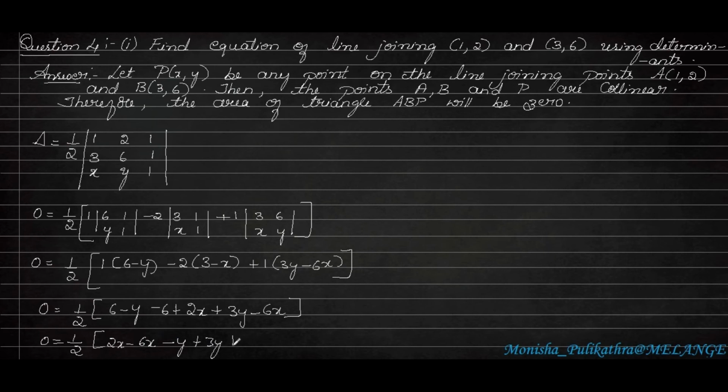Next is just a number, that is plus 6 and minus 6. Okay. So 2x and minus 6x, 3y and minus y, 6 and minus 6. Everything I have taken. Here plus 6 minus 6 cancels. So remaining is 0 is equal to half into 2x minus 6x is minus 4x, minus y plus 3y is plus 2y.